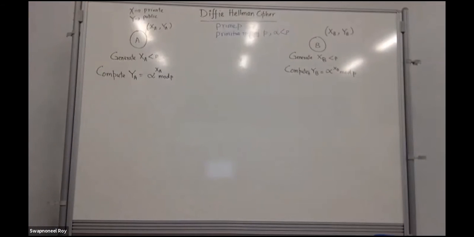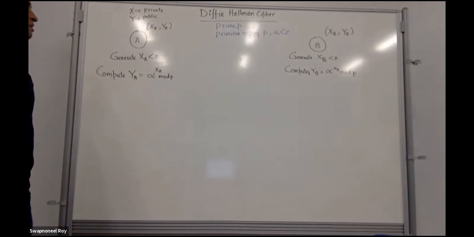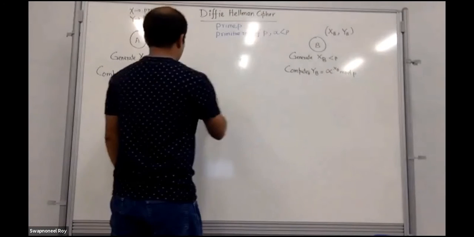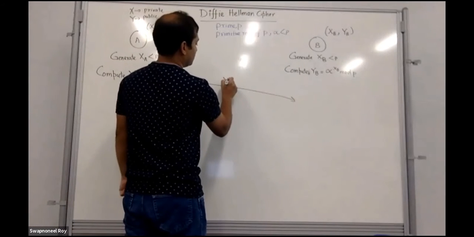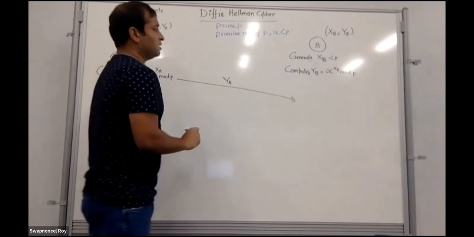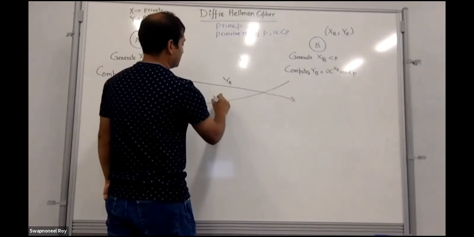Okay, so at this point, each pair of public and private key has been generated by both the parties in communication. The next thing is Alice will share her public key YA to Bob, and Bob in turn shares his public key YB to Alice.